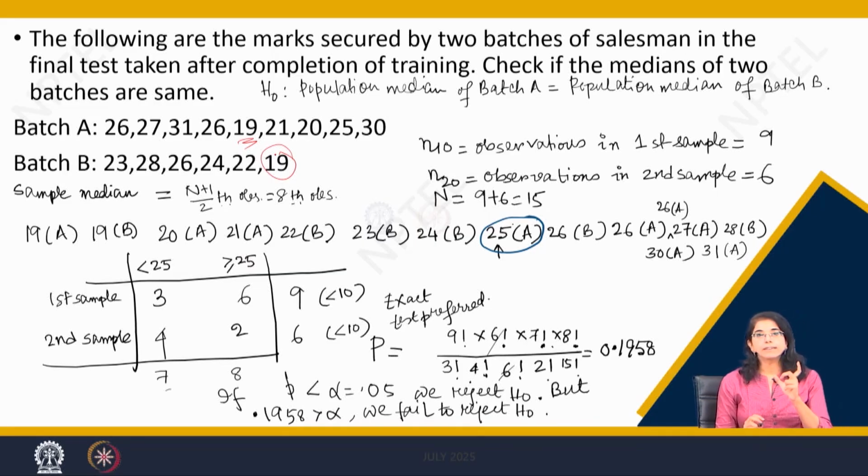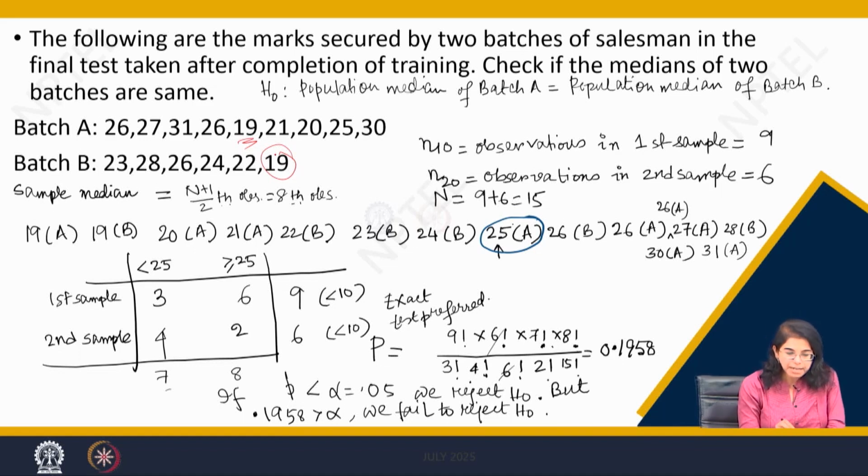But the beauty of the median test is, it doesn't get bothered about the repetitive observations, the tie case of the observations. Unlike the previously discussed Wilcoxon Mann-Whitney test, right?